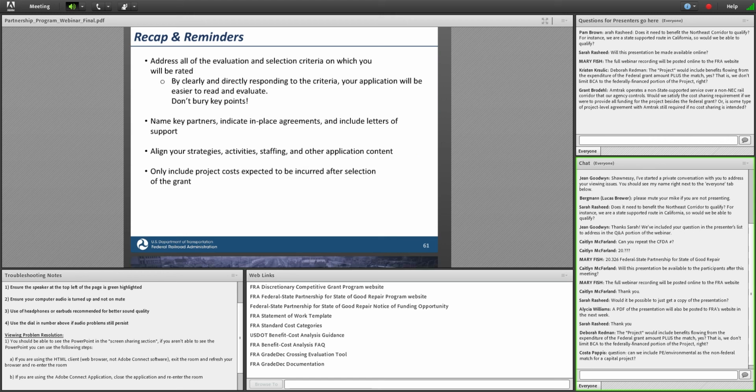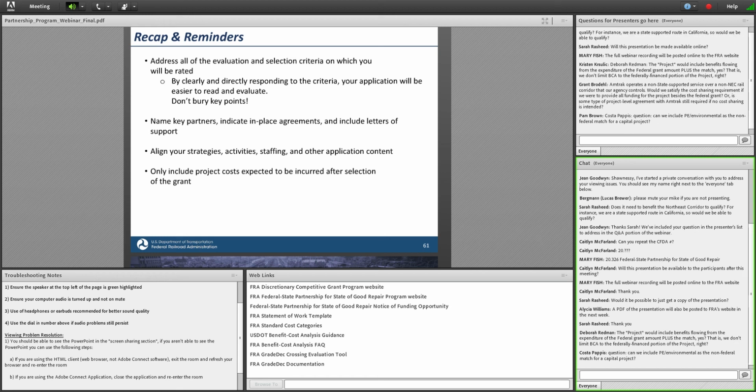Next, be sure you address all the evaluation and selection criteria on which you'll be rated. It's really important that you do so because our technical evaluators will look and see what you think is most important in meeting the evaluation and selection criteria, as they go through your application.